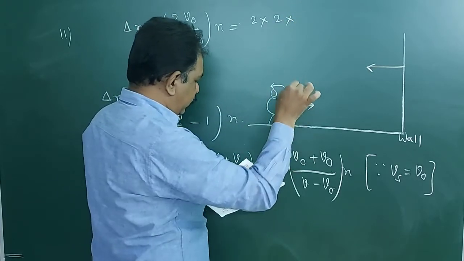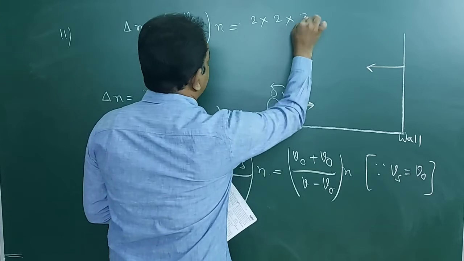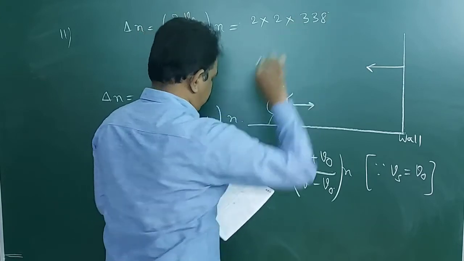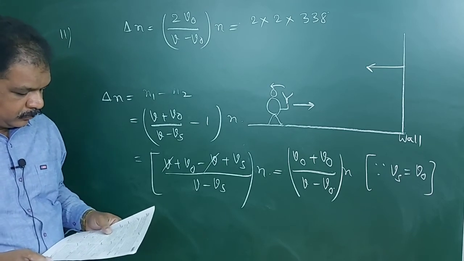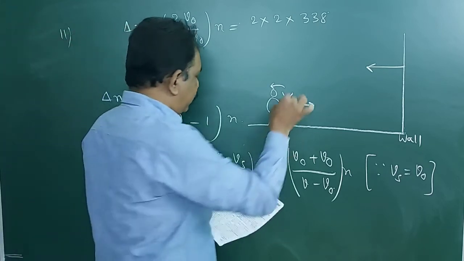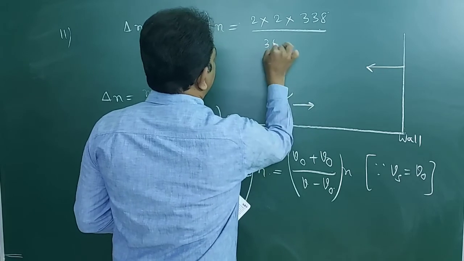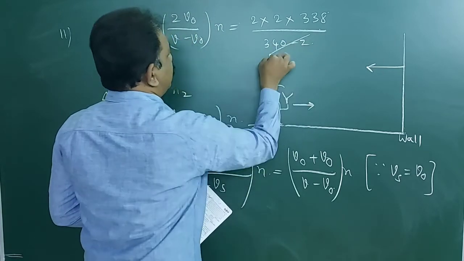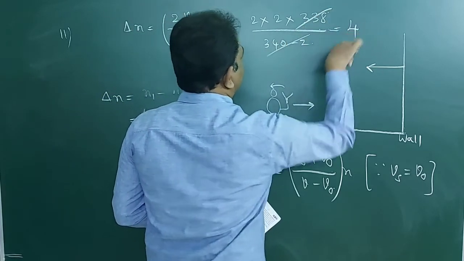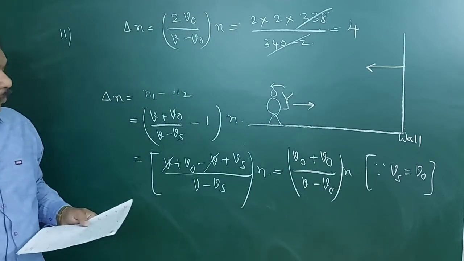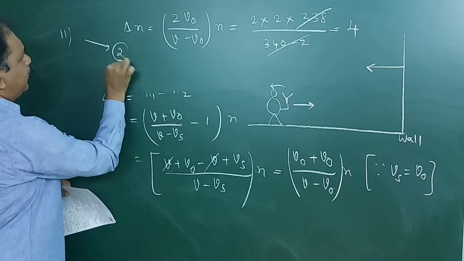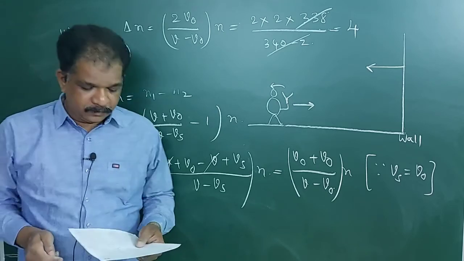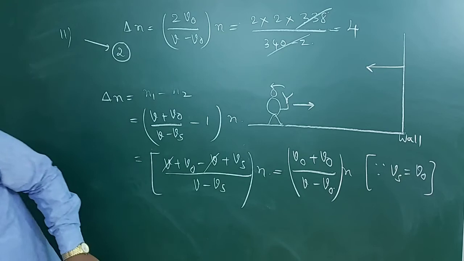Frequency is 338, and here this value is 340 minus 2. 338 will cancel, so 4. So the 11th question, it will be the second option. Next, see the 12th question.